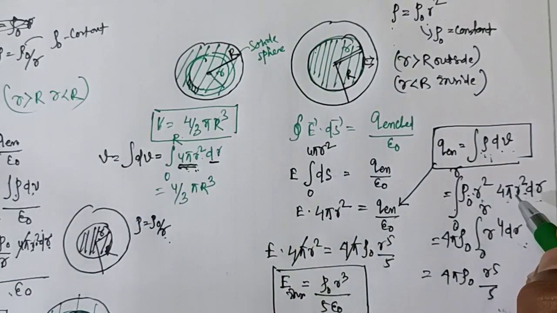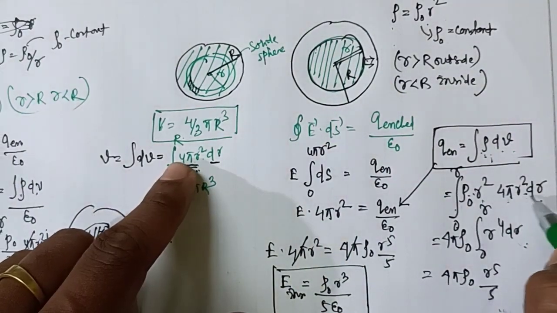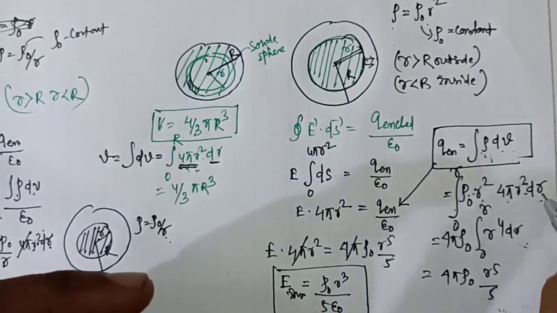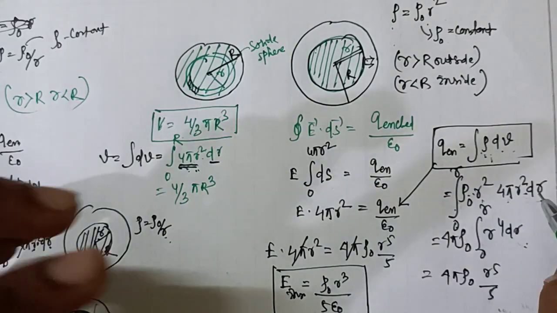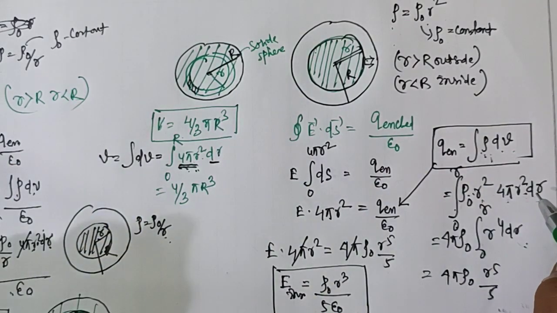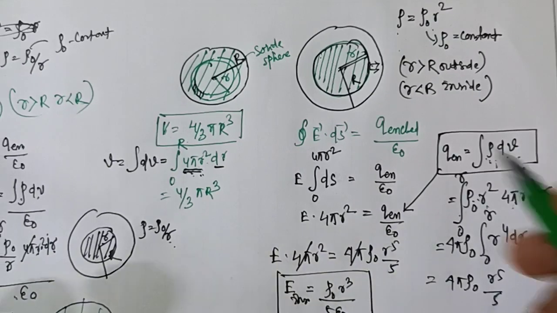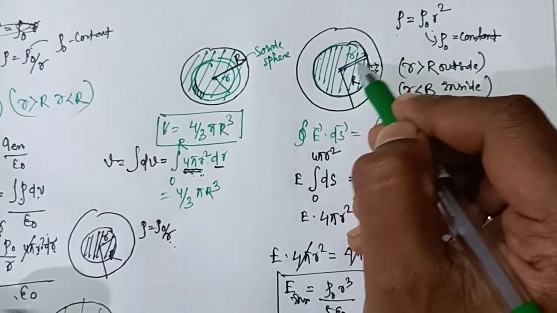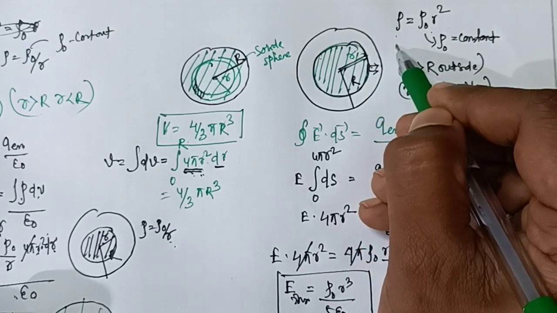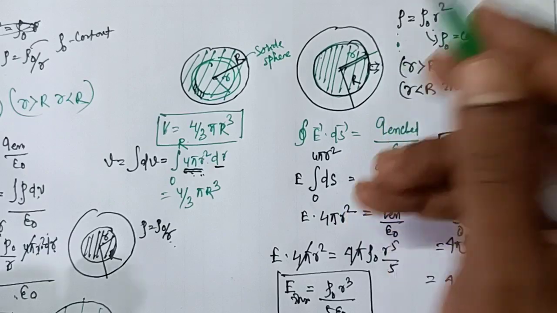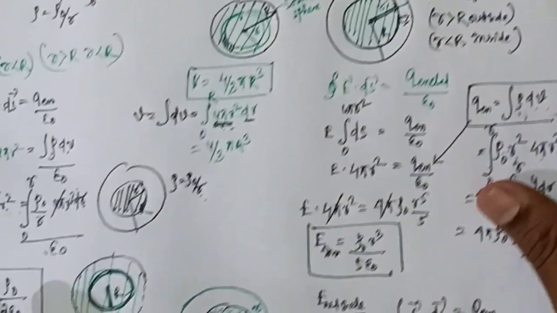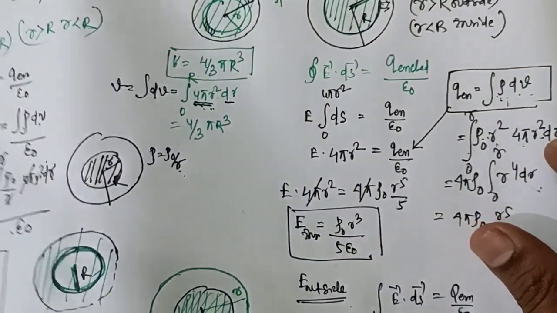So I must look into the elementary volume, that is 4 pi r square dr, and depending upon it, if the point is inside, we will look up to the Gaussian surface. If the point is outside, we will look up to the body, we can find the limit. This is pretty clear in your mind. We are always looking into the original body. I hope the scenario is pretty clear to everyone. For those looking at these things, I hope it is beneficial.